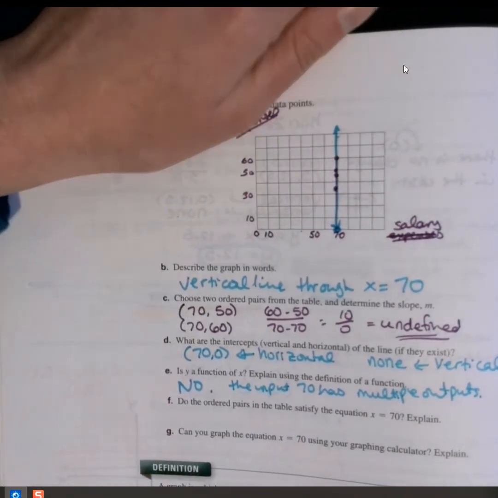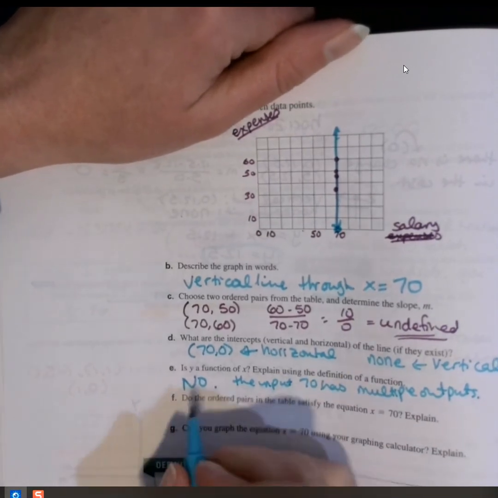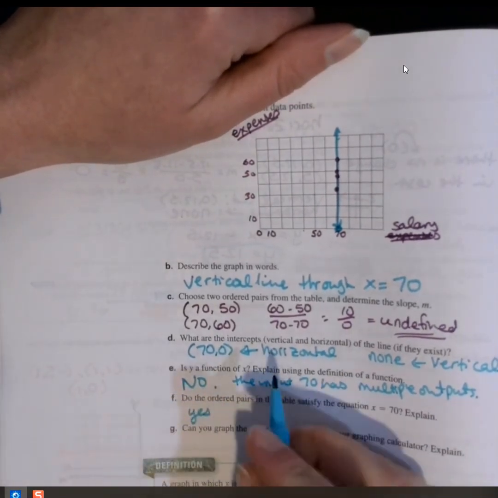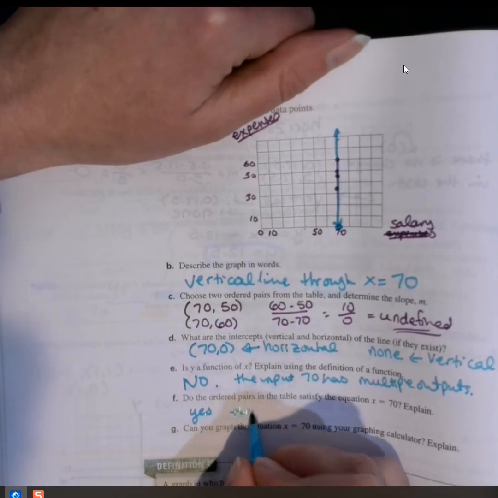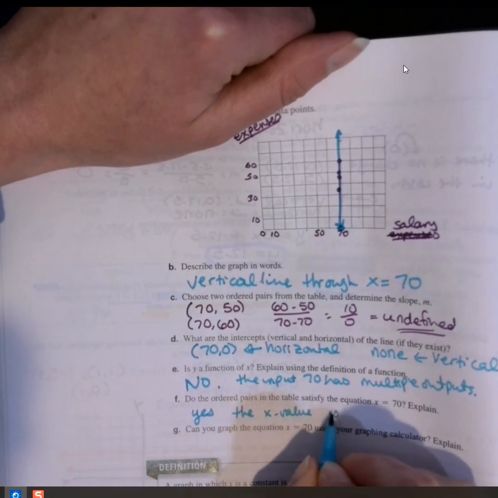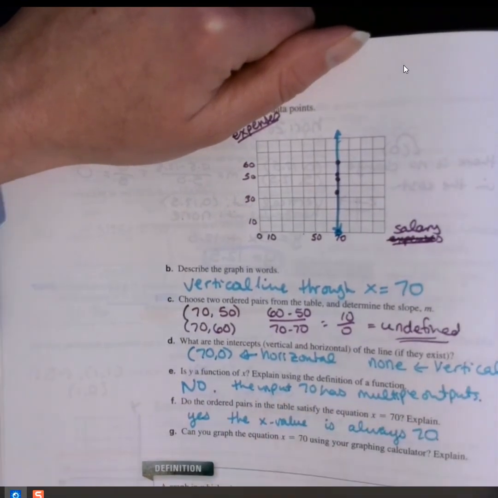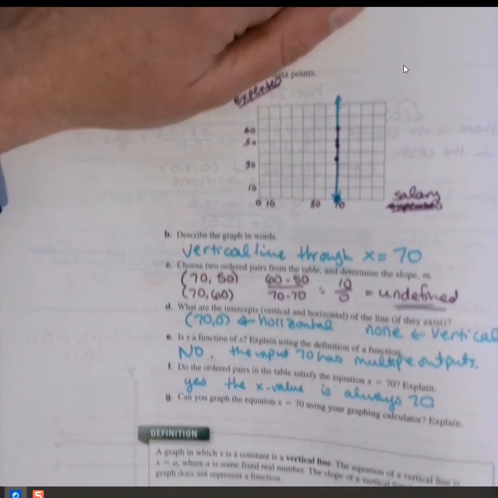Do the ordered pairs in the table satisfy the equation x equals 70? Yes, they do, because the x value for each of them is 70. The y value can be whatever you want, but the x value is 70. Can you graph the equation using your graphing calculator?